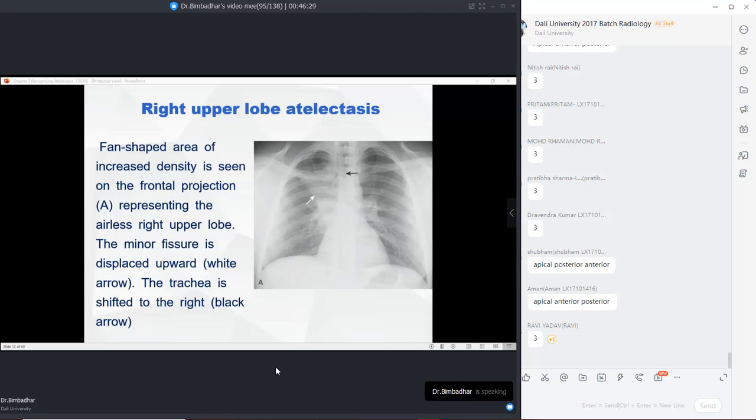So from which branch are they coming out? Tell me the extension of the bronchial tree, how those branches are coming out.